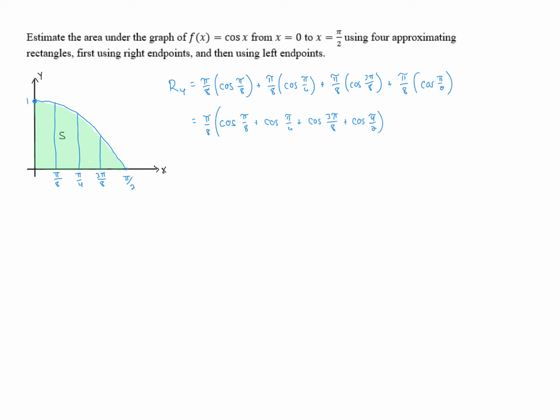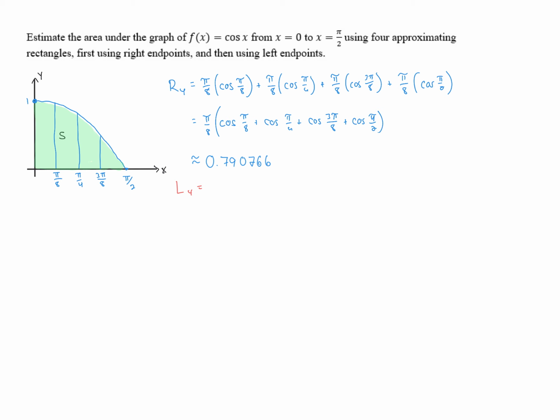And I am just going to put all of that into a calculator and get our approximation for the right-handed rectangles, and that's going to be about 0.790766.